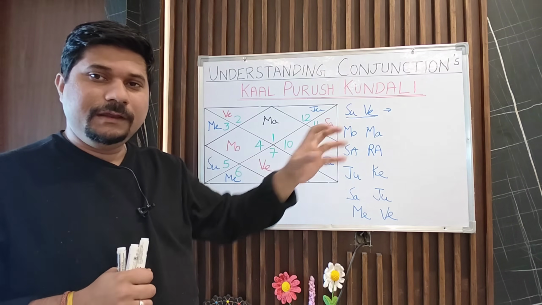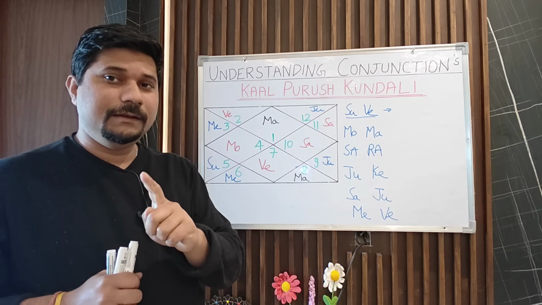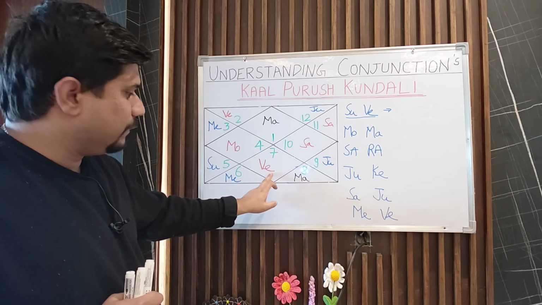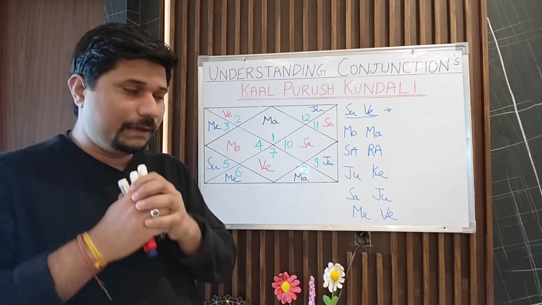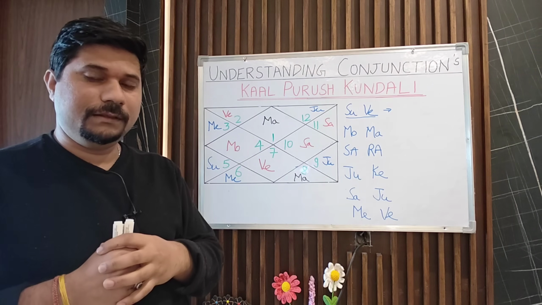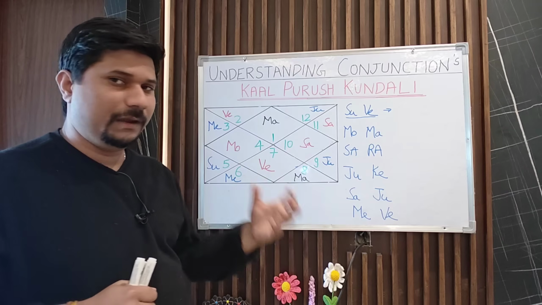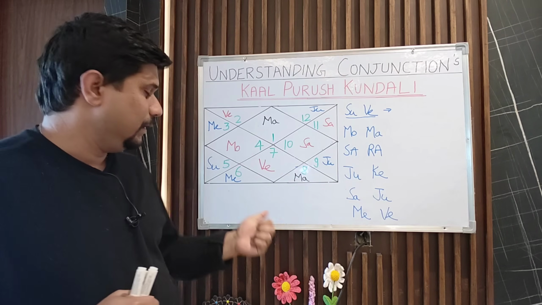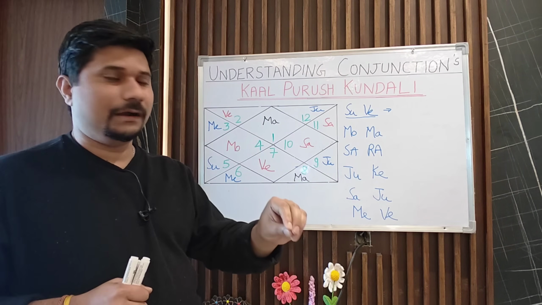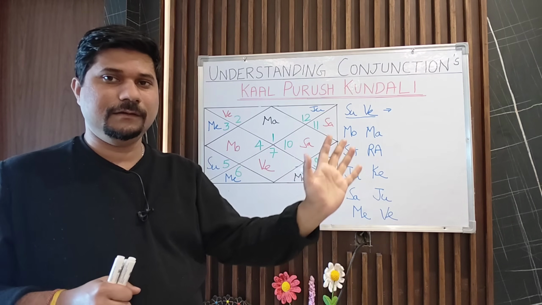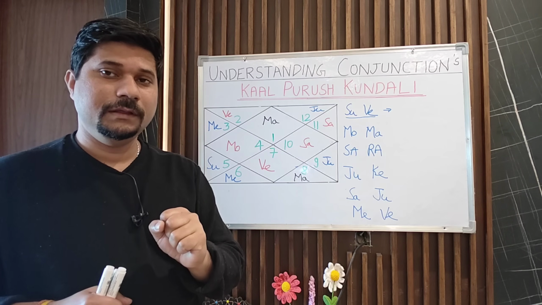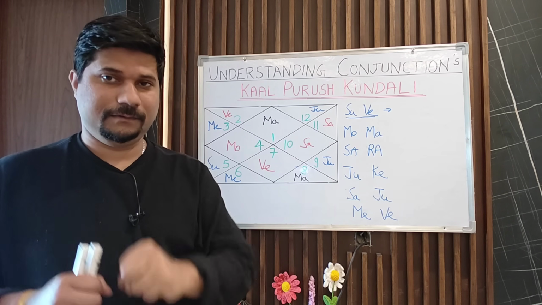If you have Sun and Venus conjunction in your horoscope, it means first of all your 5th house lord and your 7th house lord are conjunct together, and even the 5th house lord and 2nd house lord are also conjunct together. Now the 7th house is the house of marriage, married life, and the 5th house is the house of children. So if you find any chart with Sun and Venus conjunction, you can simply say to that person, in your horoscope there are going to be some severe karmas.